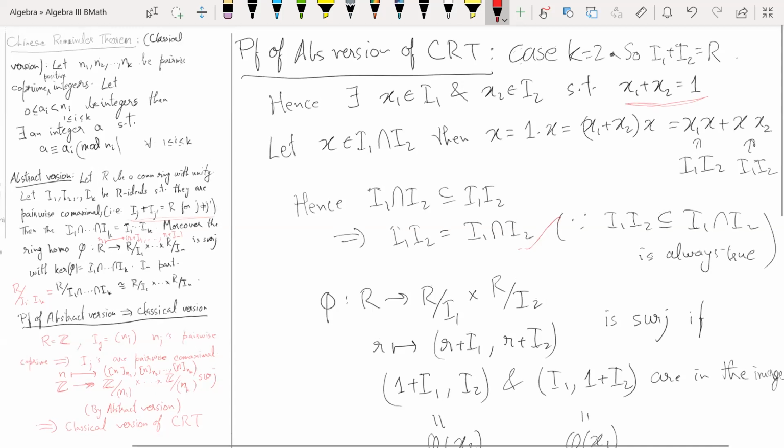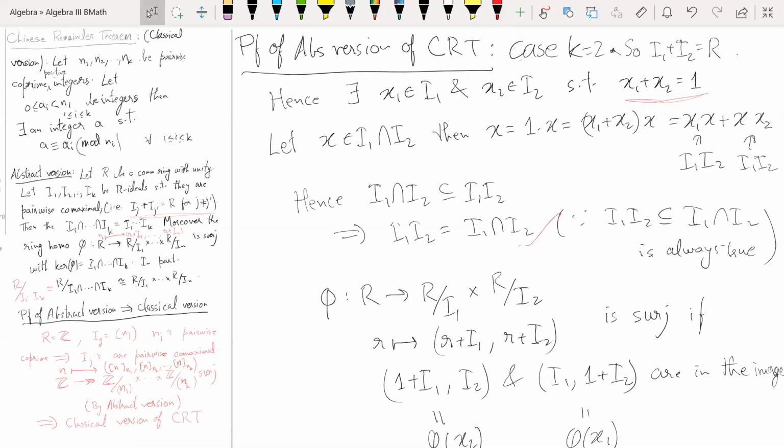So this is where we think about it in a somewhat abstract sense. We want to show that this map phi, which sends R to R plus I1 comma R plus I2, is surjective.